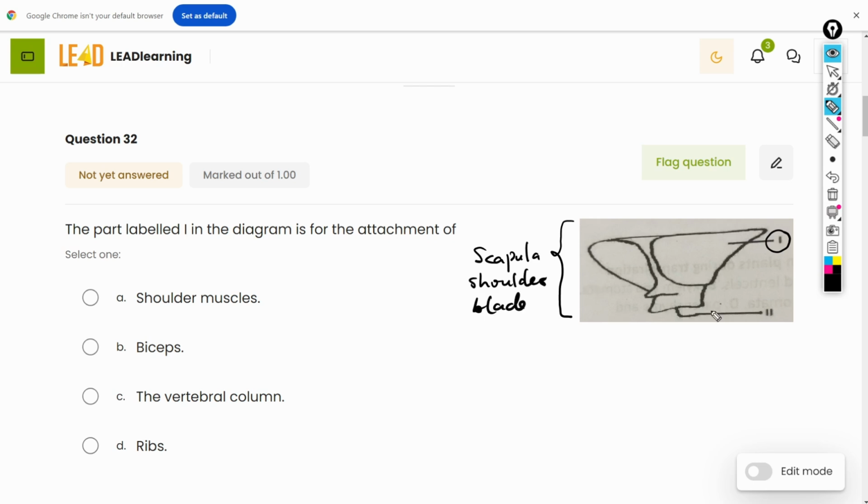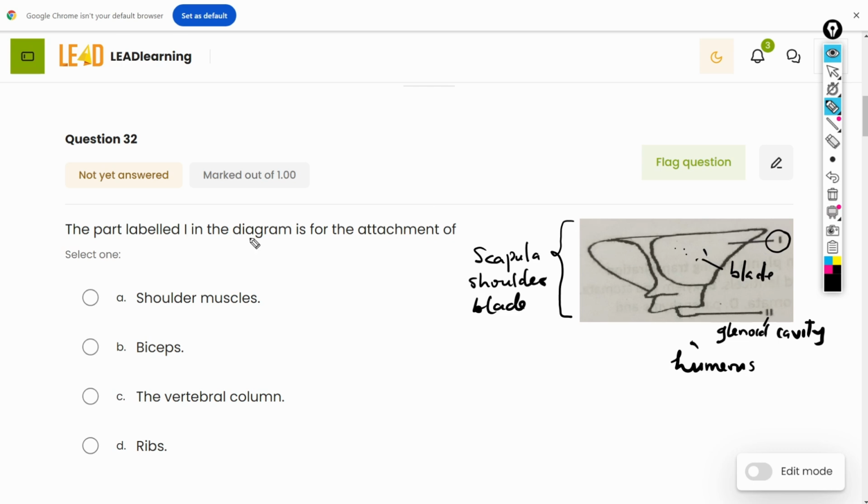Now, the part labeled 2 is a groove called the glenoid cavity, and it is for the attachment of the ball head of the humerus, that is the bone of the upper arm. So this region, which is the blade itself, is for the attachment of muscle, as the shoulder muscles.